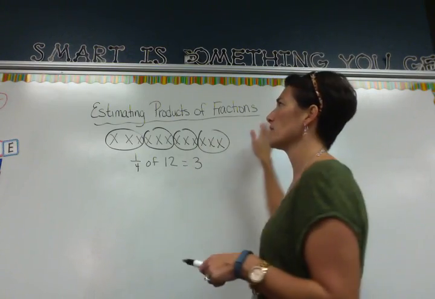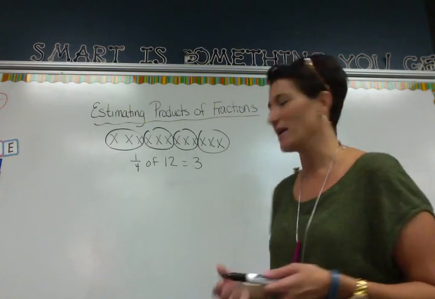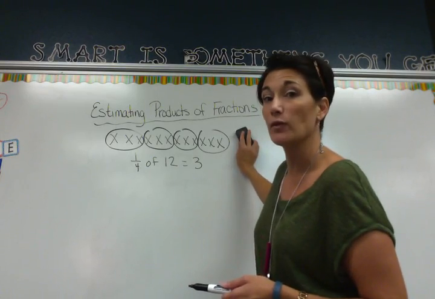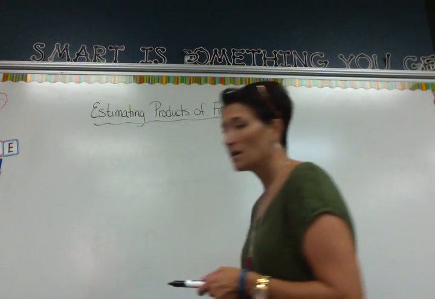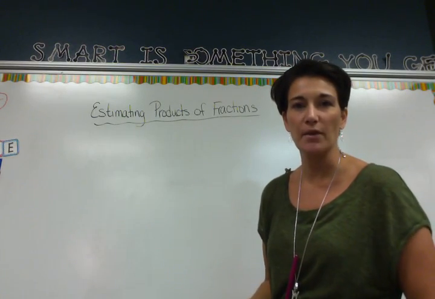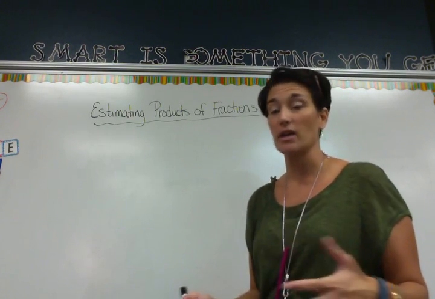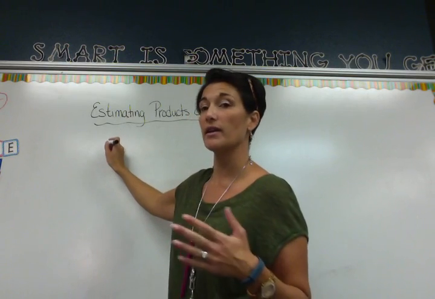So now we're going to go into our lesson today, which is estimating. So what happens if we did this? What happens for our second example? I ask you 11. So draw 11 X's.